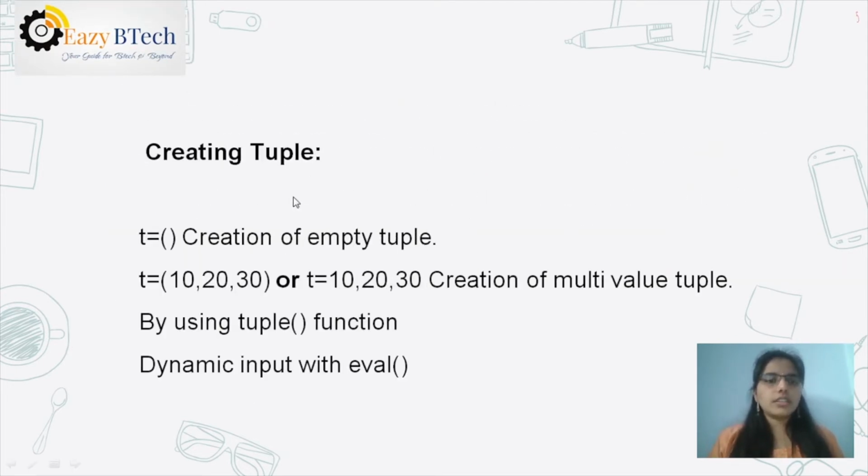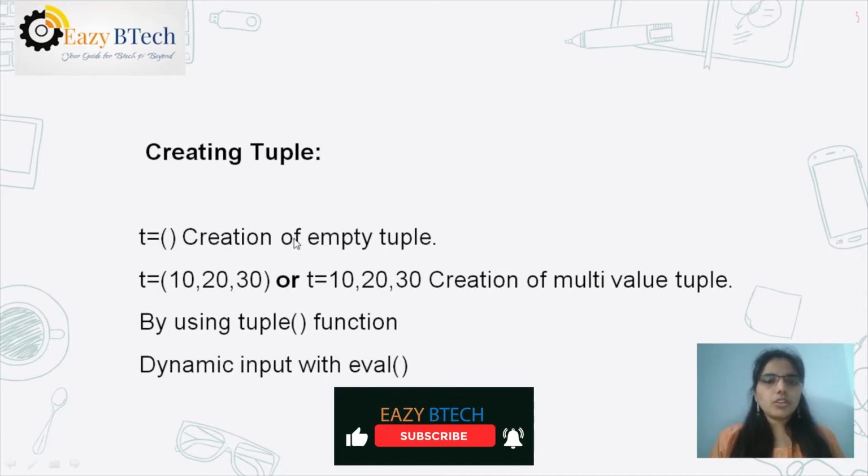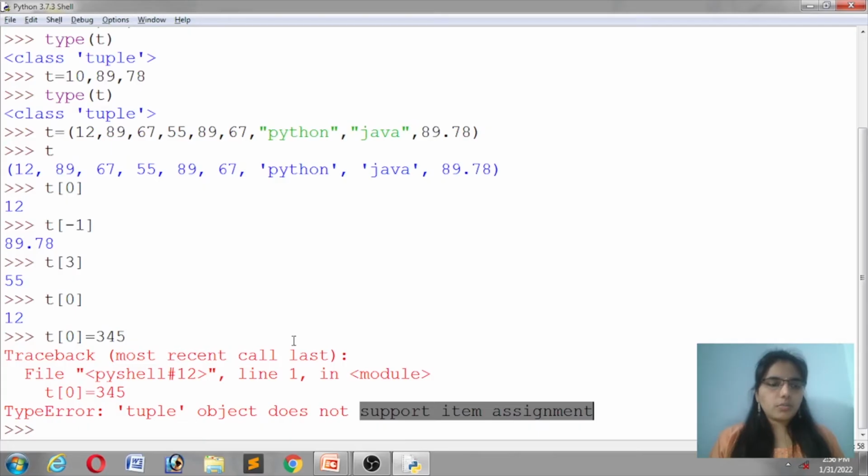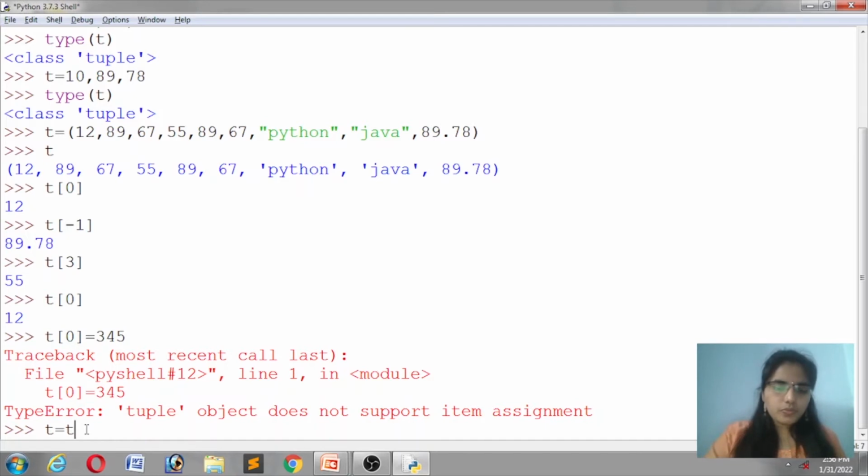So let's see creating of tuple. Creation of tuple with empty parentheses. Creation of tuple with multiple values. I already told these two examples. Now by using the tuple function. T is equal to tuple of, for example, Python.